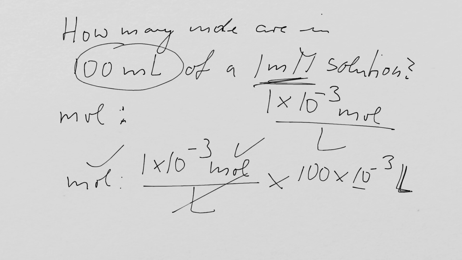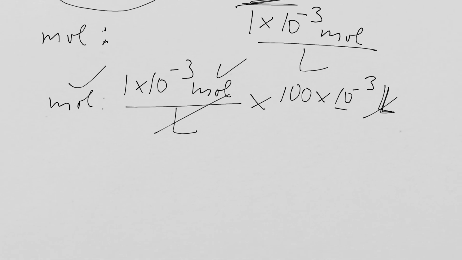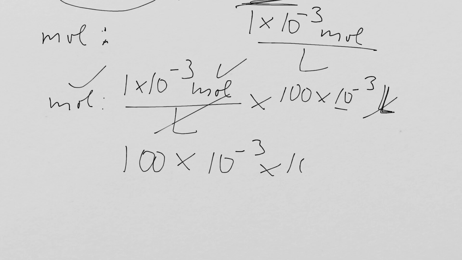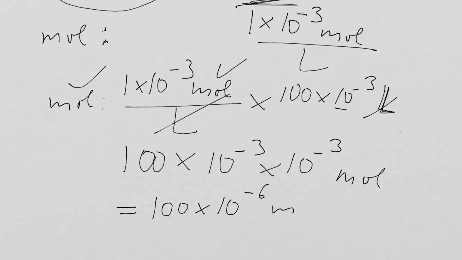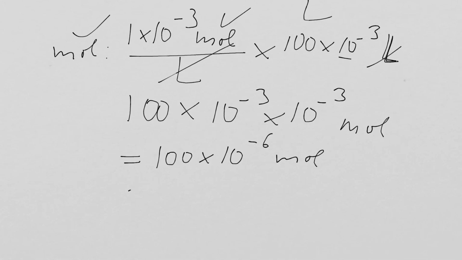Liter cancels out, and we basically have 100 times 10 to the minus 3 times 10 to the minus 3 mole. We can write this a little bit nicer. This is 100 times 10 to the minus 6 mole. Or it is 100 micromole.